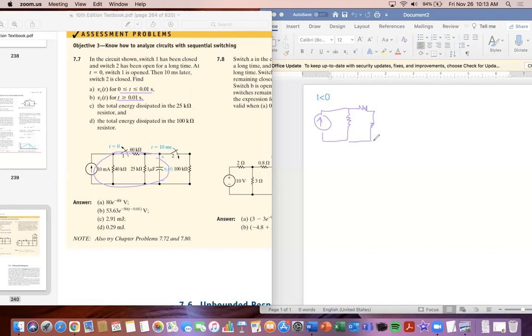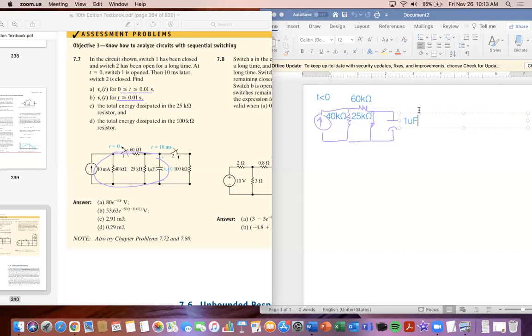I know we're going to have to combine those. And then we have our capacitor. Here we have 60 kilo ohms, then 40 kilo ohms, and over here 25 kilo ohms, and here 1 microfarad.